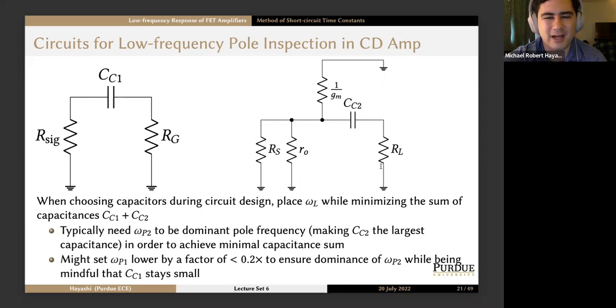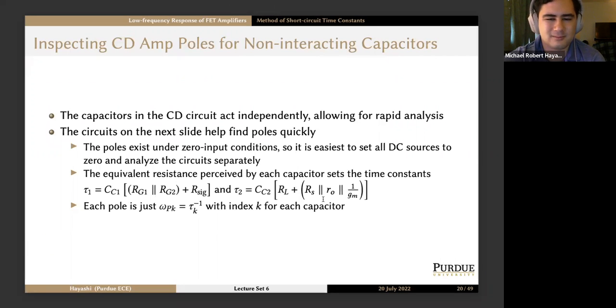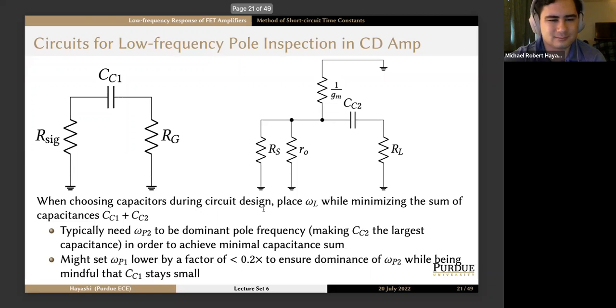CC2 sees RL in series with the parallel combination of 1/gm parallel RO parallel RS. And that's how we get this time constant right here. Each pole is just omega pk equals 1/tau k for each index k.